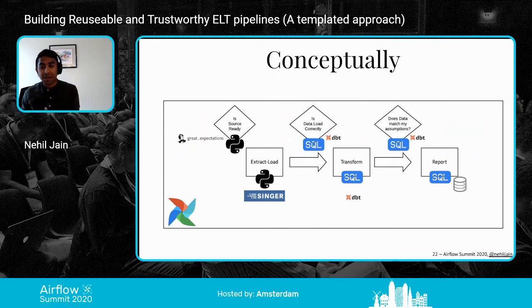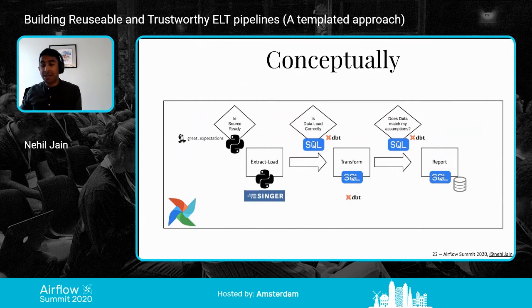I can then extract that data and load it right away. We will use something called Singer there. Once the data is loaded into my warehouse or data store, I would then check if it was correctly loaded based on my assumptions of what the extract and load should do.